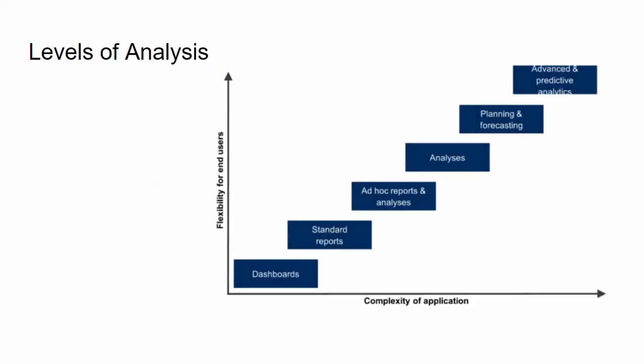Now let's see what is included in business intelligence. There are many different levels of analysis that can be done based on data. Starting from the bottom left corner, there are dashboards, which are summarized information. You summarize the information based on your historical detailed data, aggregate it, and identify certain trends and patterns.